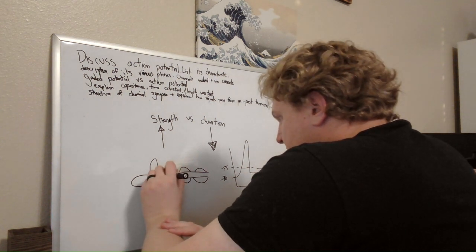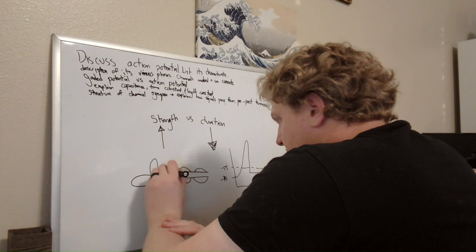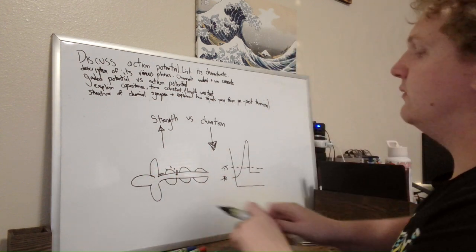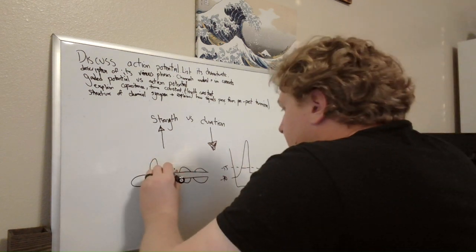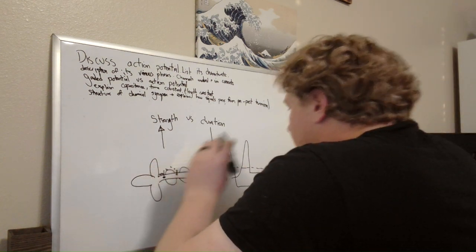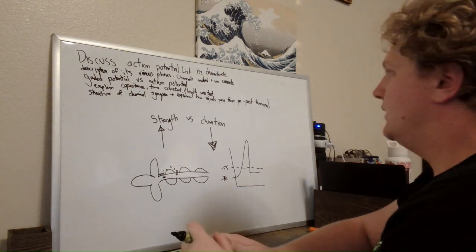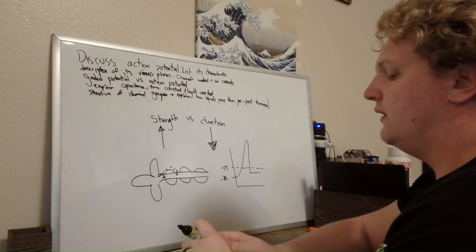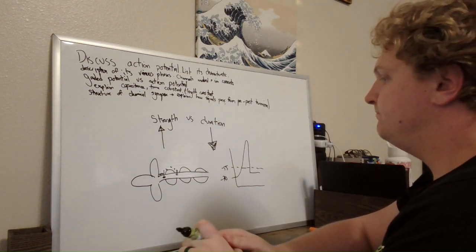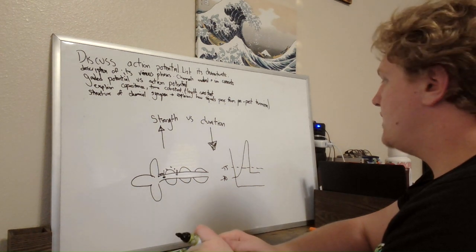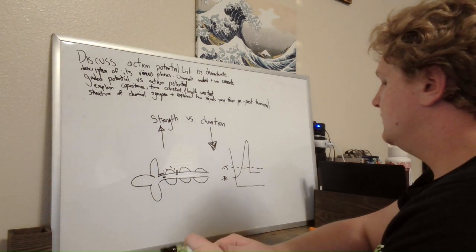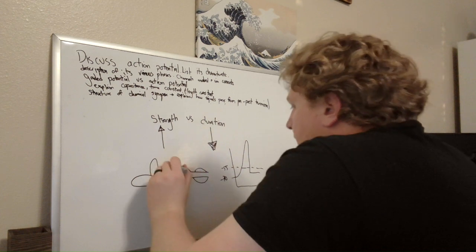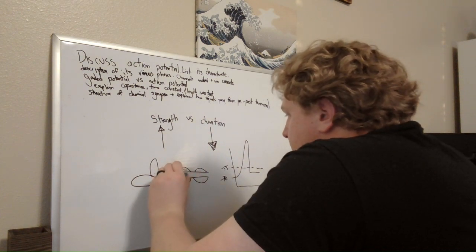There's so many positive charges that are right here, and it's so spaced out over here that this will repel it right back into the cell. So the myelin will decrease the area of the membrane, and change its distribution of charge.